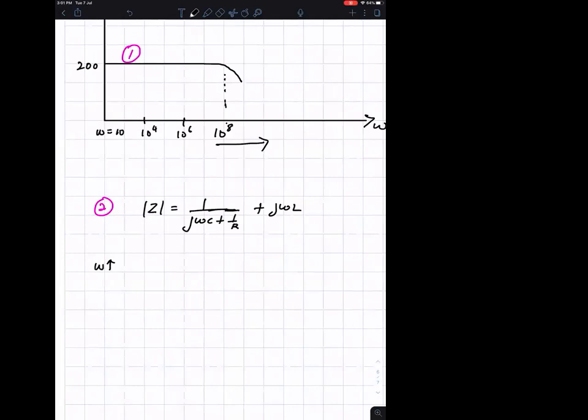When frequency keeps on increasing, what will happen to j omega c? What will happen to j omega c?